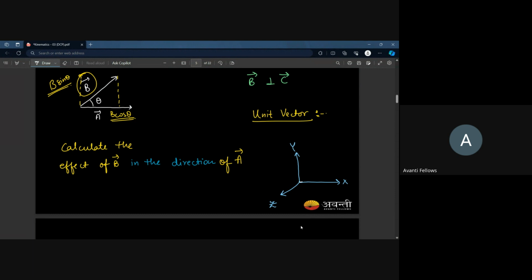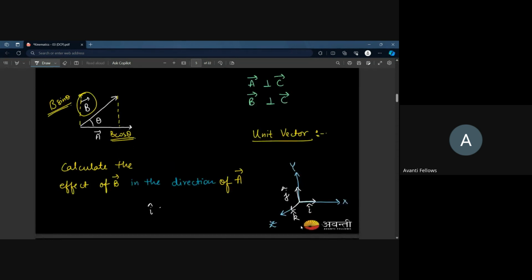For the x direction, the unit vector is i cap. So i cap is assigned to the x-axis, j cap is assigned to the y-axis, and k cap is assigned to the z-axis. You will never change this. i cap will always be the unit vector in the x-axis, and similarly the other two for y and z. Okay. Yes, ma'am.